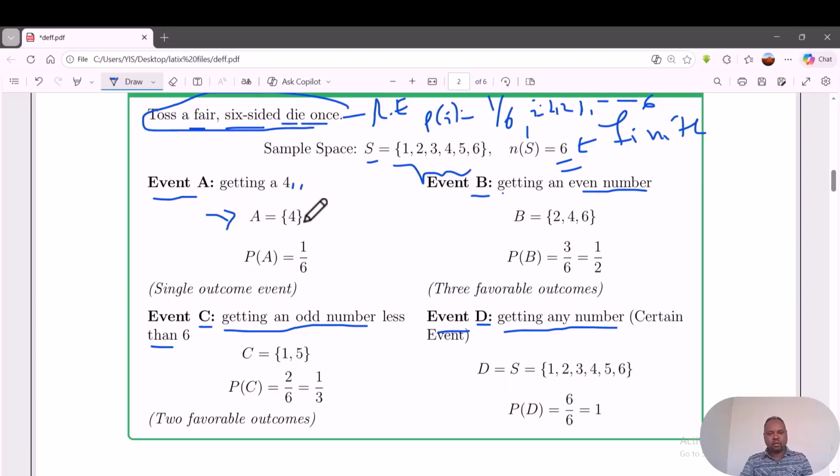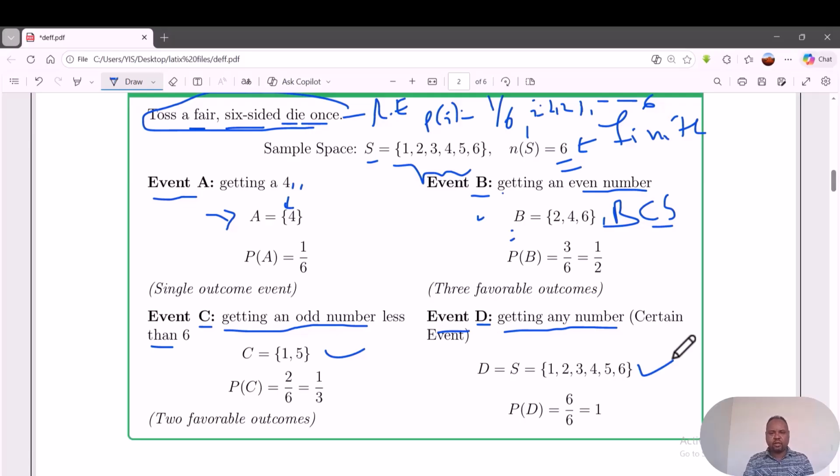A is a set which contains only one number, 4. B is about getting an even number, so the outcomes of interest for event B are 2, 4, 6, where {2, 4, 6} is a subset of S. Similarly, each of the other events is represented by its own set.